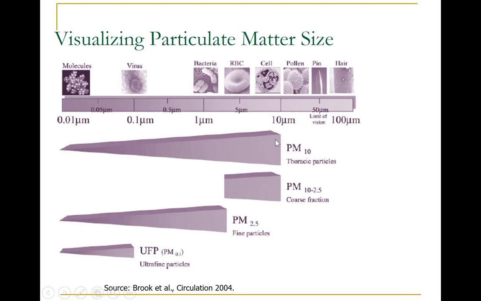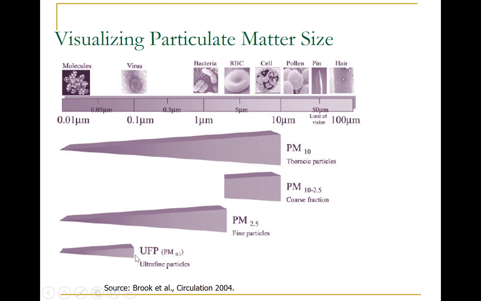You can quickly see that PM10 has all the particles that PM2.5 has, in addition to these other chunks. In this wedge, you can see that PM10 has all the PM2.5 particles plus the 2.5 to 10 category of particles, which are known as the coarse fraction. So fine particles plus the coarse fraction together form PM10 particles.